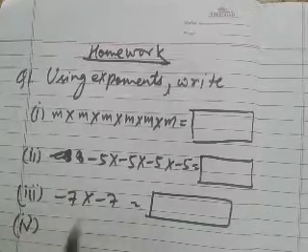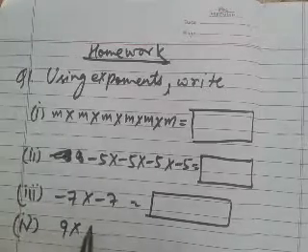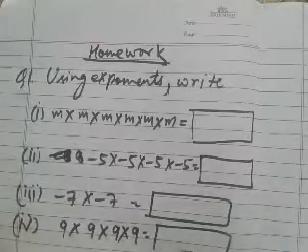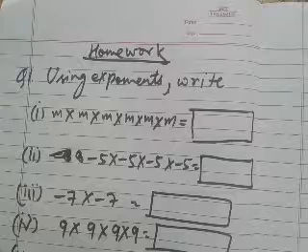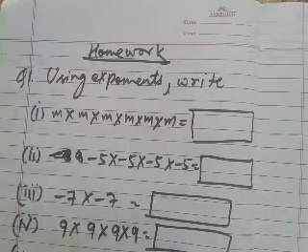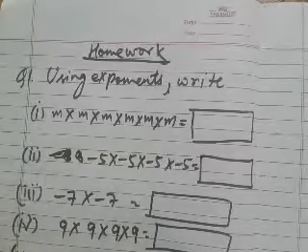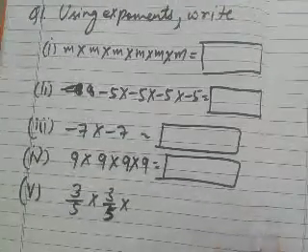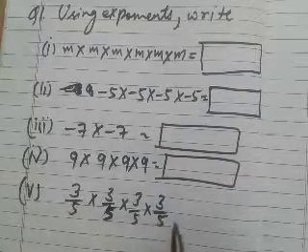The next number is 9 multiply 9 multiply 9 multiply 9. The next question is 3 by 5 multiply 3 by 5 multiply 3 by 5 multiply 3 by 5.